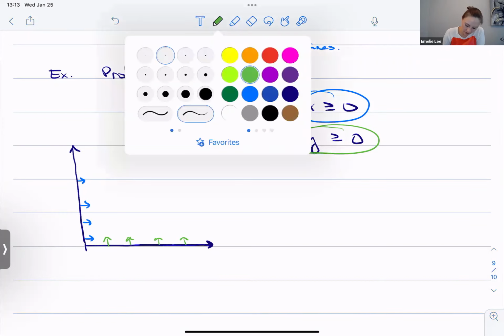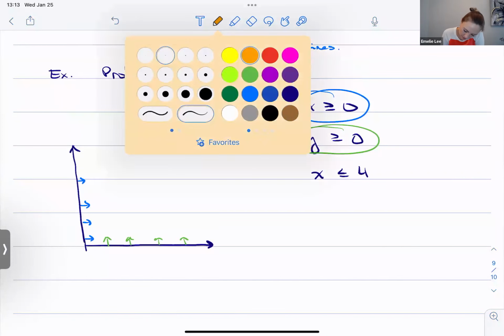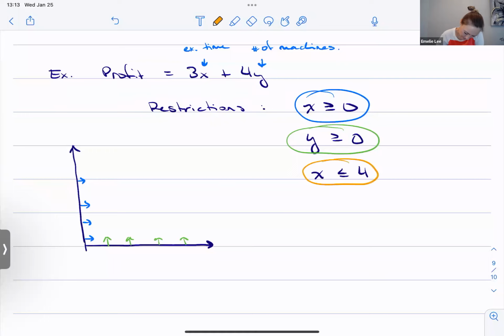An additional restriction that we might have is X has to be less than or equal to 4. I only have 4 hours a week to spend on this thing, maybe. What does that look like? X equals 4. Let's say here, X equals 4.